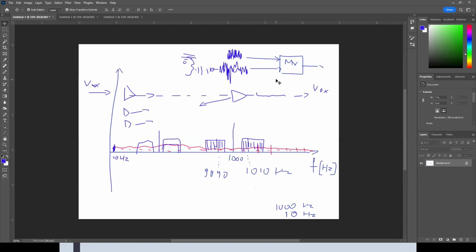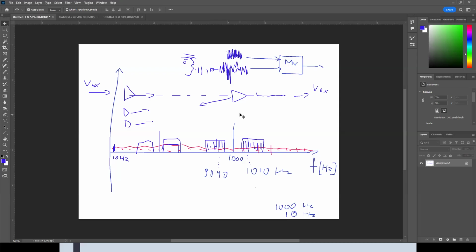And of course, in this case, the system has to be not affected by outside. It has to be immune to the outside interference, such as the power lines, fluorescent lights, any kind of machinery, and so on.